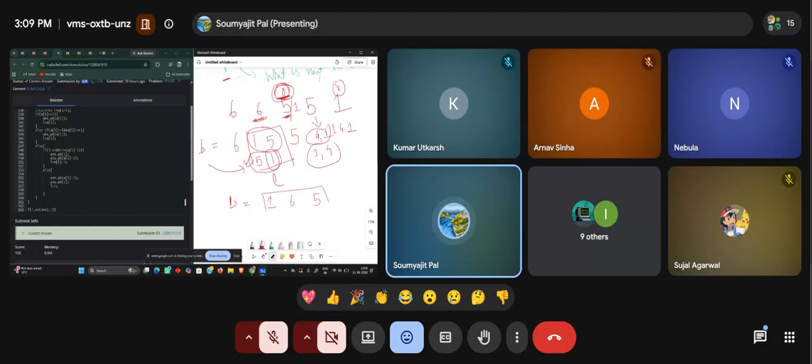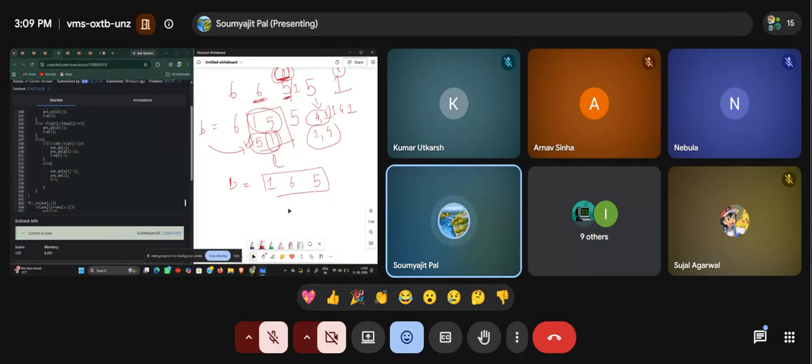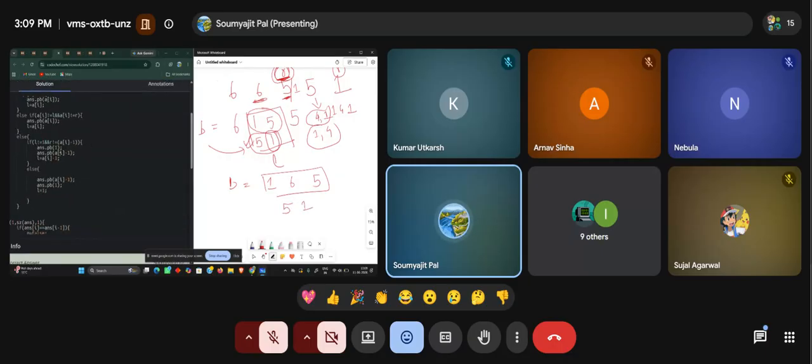So I'm treating this condition. If my L is not equal to 1 and my R is not equal to Ai minus 1, I can push this, but here it is violating both of these, so I have to push 5 comma 1 here. So push Ai, 1 comma Ai minus 1 and update the left pointer, or else push Ai minus 1 comma 1 and update the last value as 1.